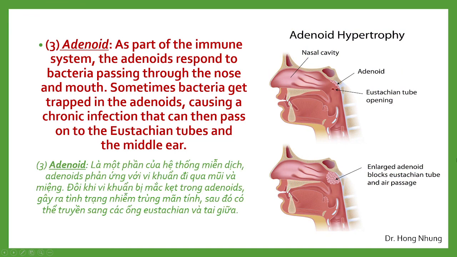As part of the immune system, the adenoids respond to bacteria passing through the nose and mouth. Sometimes bacteria get trapped in the adenoids, causing a chronic infection that can then pass on to the eustachian tubes in the middle ear.